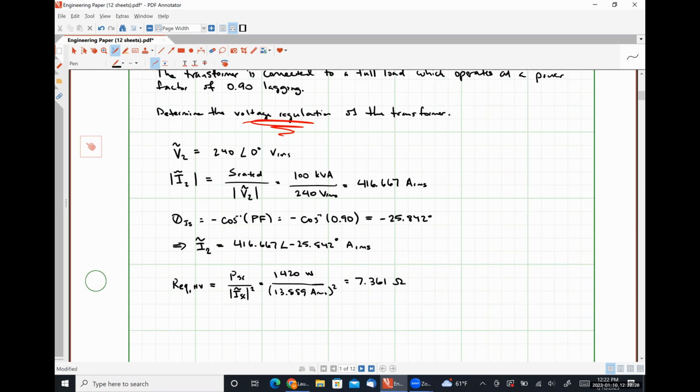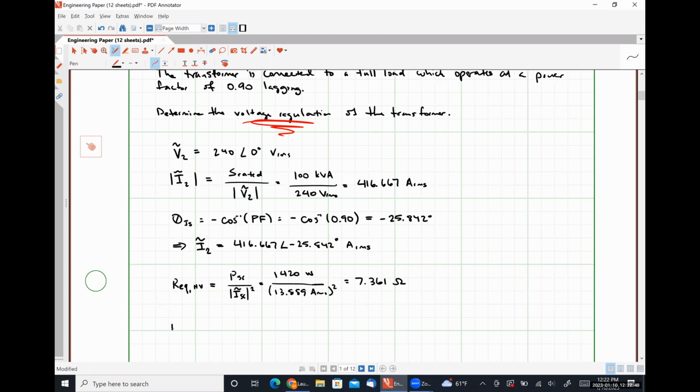Since we want this referred to our secondary side or our low voltage side, what do we need to do? Are we multiplying by a squared or dividing by a squared? Dividing by a squared because we're going from the primary to the secondary. Absolutely correct.